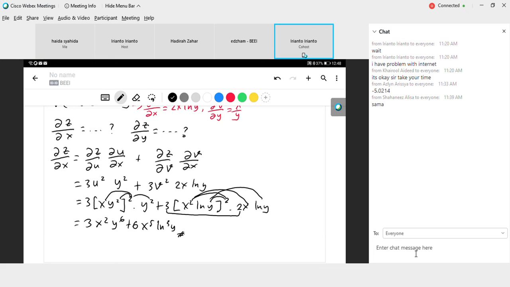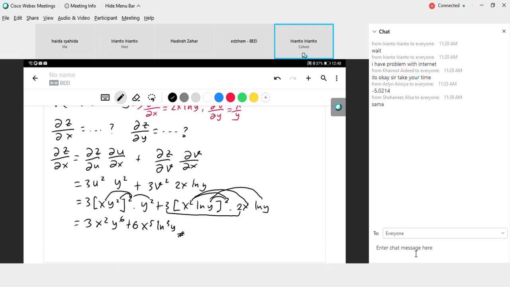Maybe they just make it more difficult. Instead of just x ln, maybe they change into secant. If you never see secant, the derivative of secant, refer to the table. The derivative of tangent, if you never see it, refer to the table.